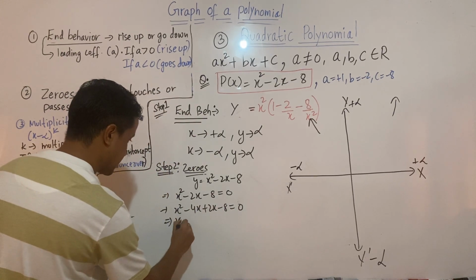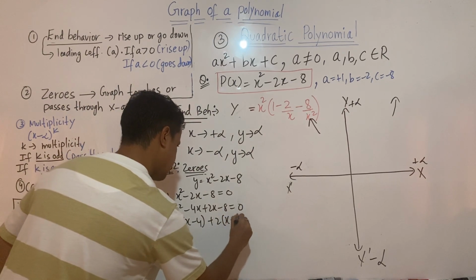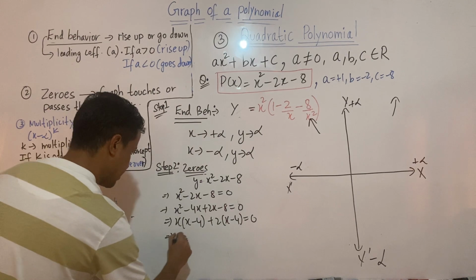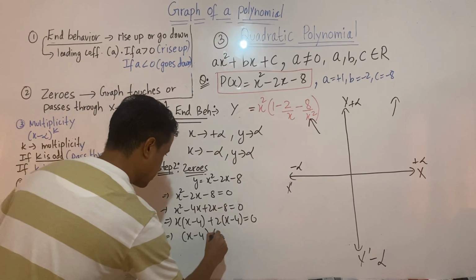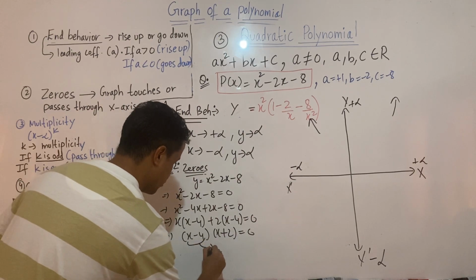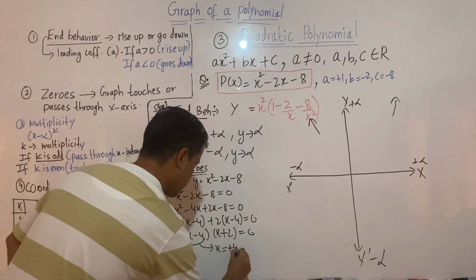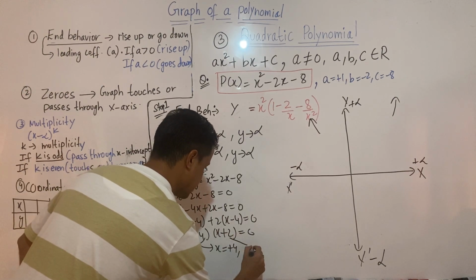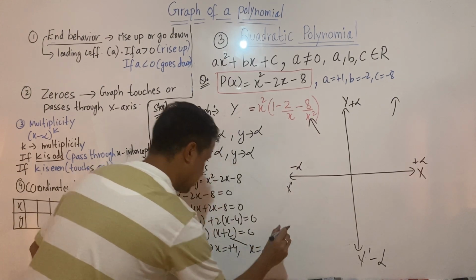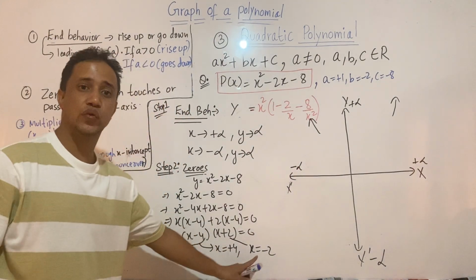So here x times (x minus 4) plus 2 times (x minus 4) equal to 0. Here (x minus 4)(x plus 2) equal to 0. From here, the value of x is plus 4. From here, the value of x is x equal to minus 2. Okay, so you have two zeros.